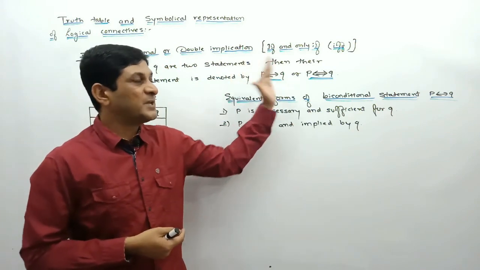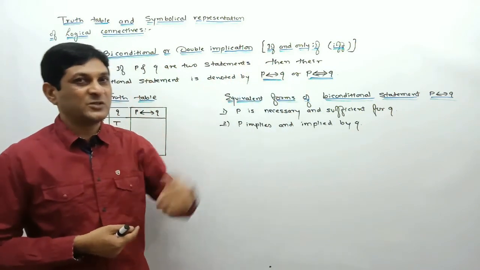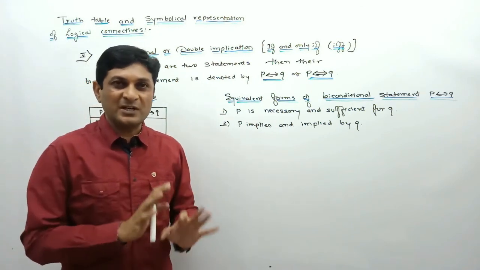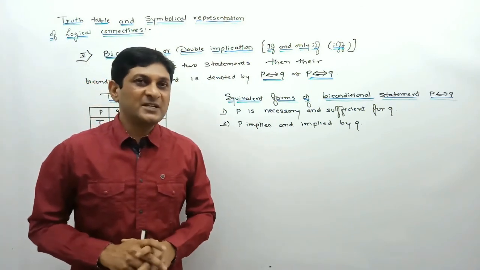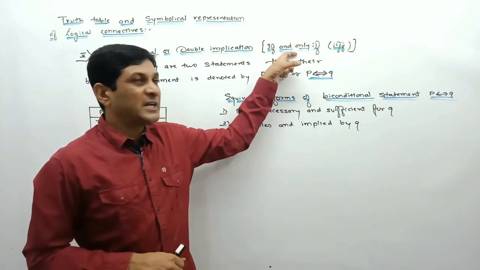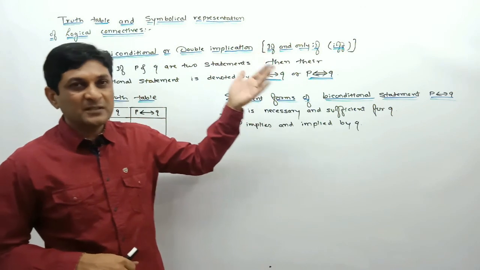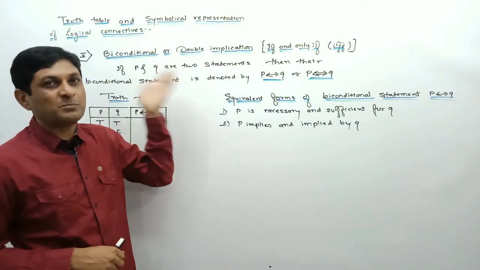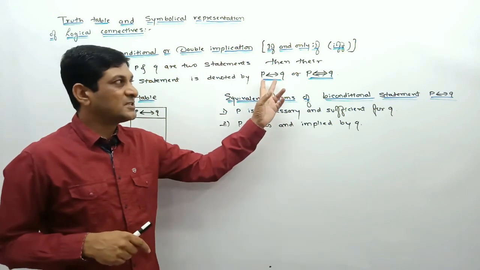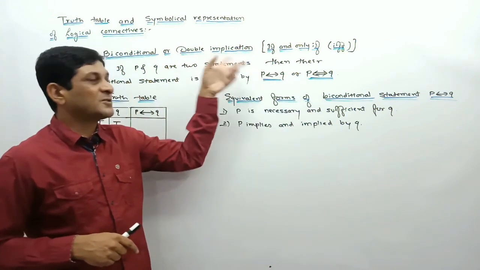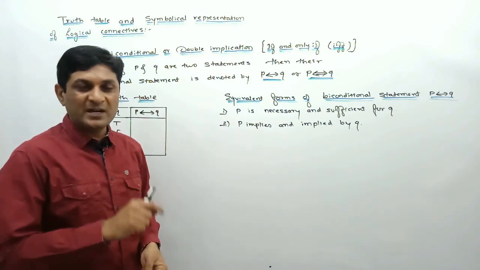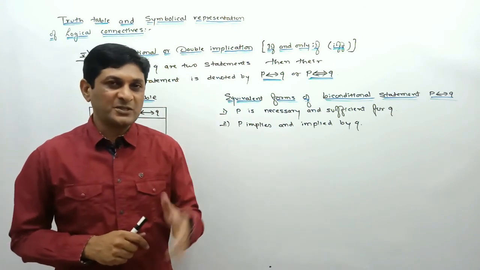Means in this case P implies Q and Q also implies P. So hope the alternate word for if then and if and only if is very clear to you. So these are some ideas about the symbolical representation of our fifth logical connective.